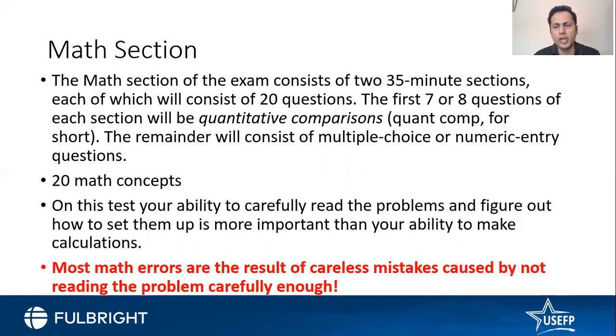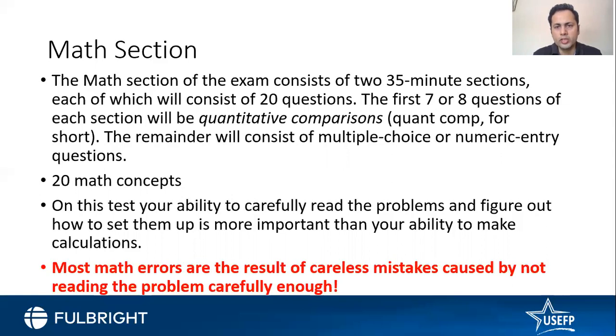The remaining 12 questions can be multiple choice questions or numeric entry questions. A numeric entry question is one in which no answer choices are given. There would be a place where you will have to enter the answer to that question.